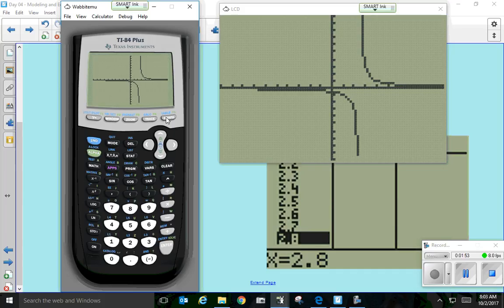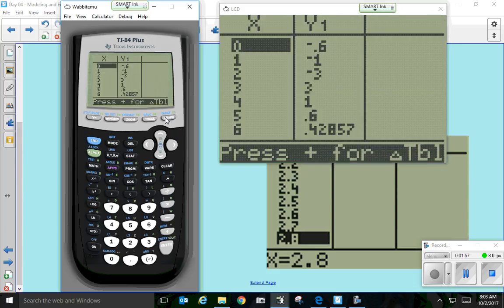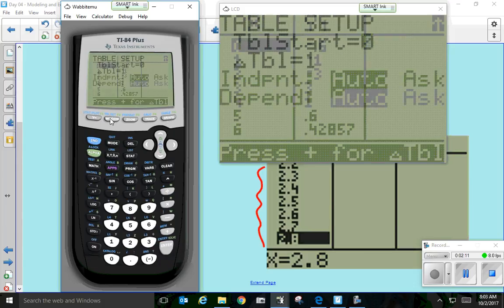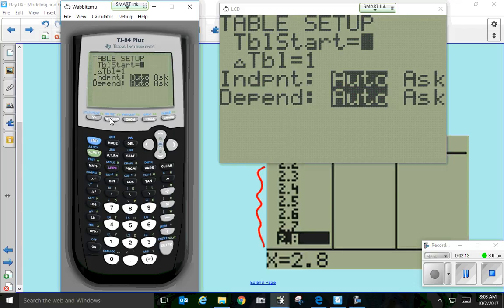Now, if I look at my table, it currently starts at 0 and it moves by 1s. But on the presentation here, you'll notice it's by tenths. So, if you want a table set, which is above window in blue, if I hit second, window, I'm going to start where I started.